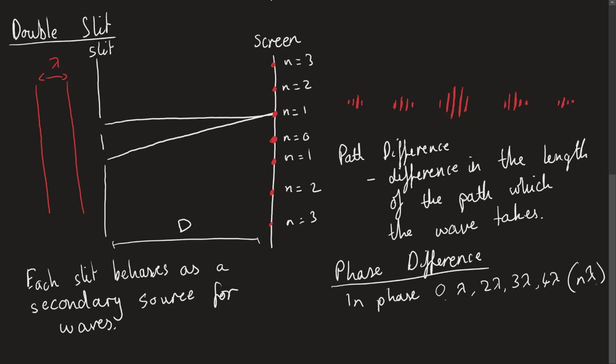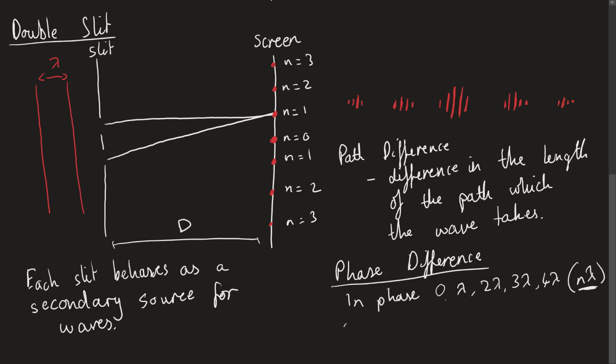So it has to be a whole integer number of wavelengths. I'm going to underline this because it's an important thing we have to refer back to in a second. For things to be in phase, the path difference needs to be a whole number of wavelengths across.